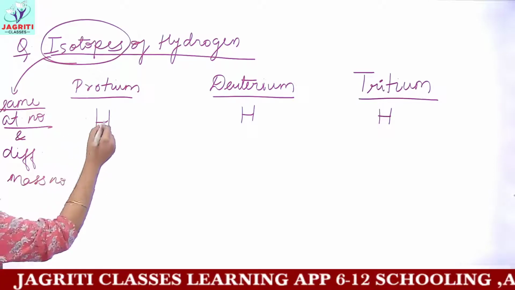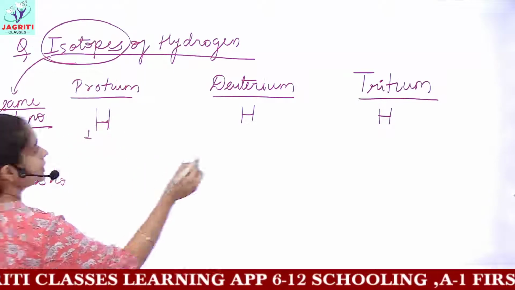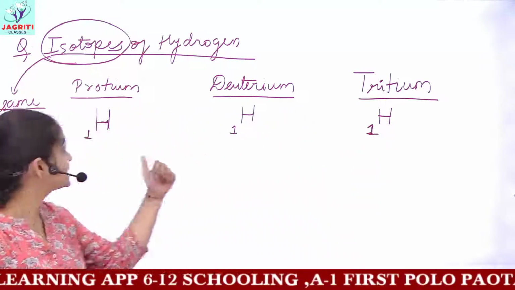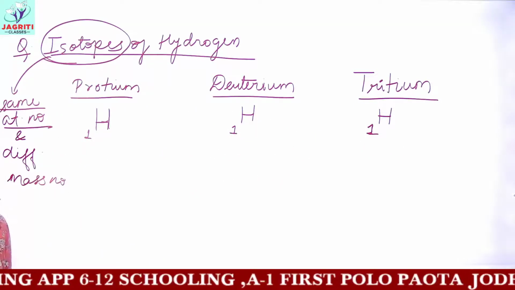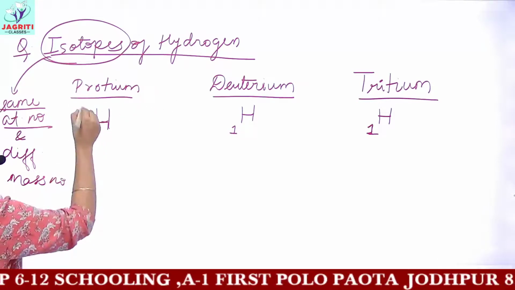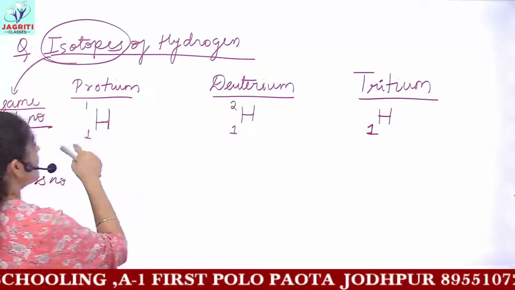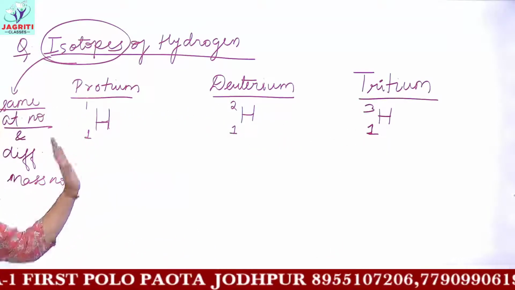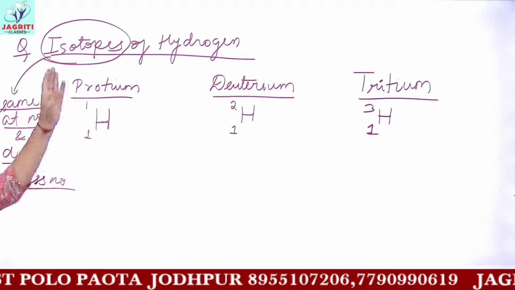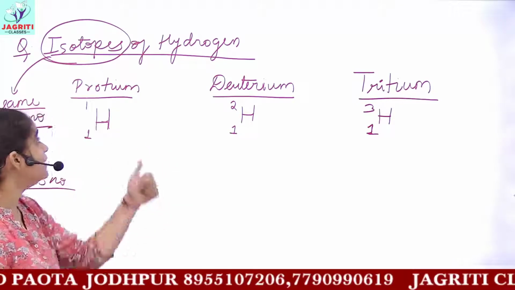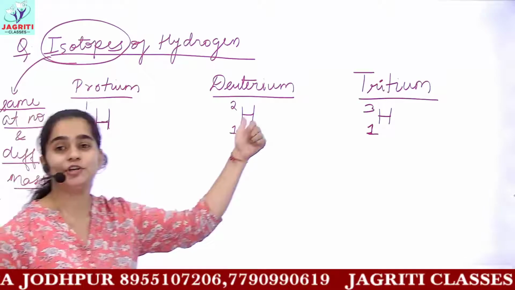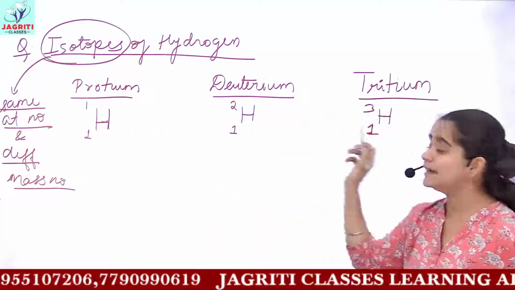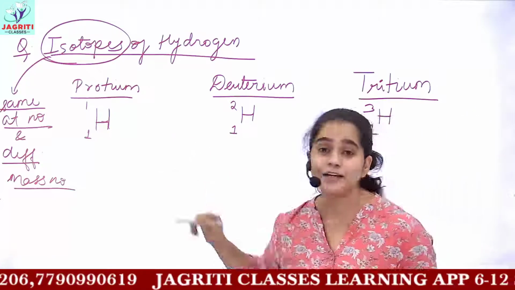You know the atomic number of hydrogen is 1, so we write the atomic number on the downward side. Now talking about the mass number, the mass number of these three isotopes varies. The symbols are 1H1, 1H2 and 1H3. This is the basic explanation that we have three isotopes of hydrogen, named differently: protium, deuterium and tritium. All contain the atomic number 1, but have different mass numbers.